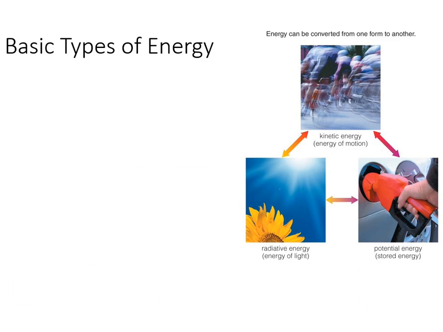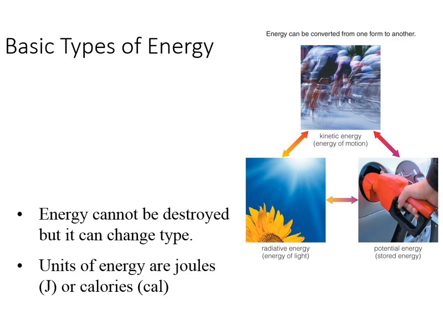Okay, so types of energy. Well, first off, energy cannot be created or destroyed. Actually, it can be created from matter in nuclear reaction. I have a slide coming up on that.